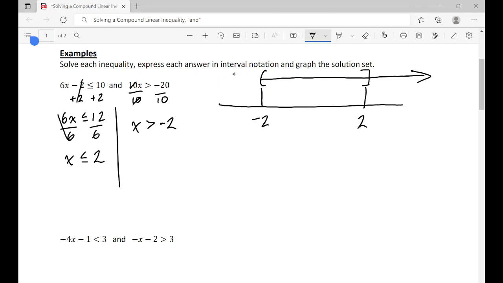And the lines overlap between the parentheses and the bracket, like so. Which means in interval notation, we're going from negative 2 to positive 2, negative 2 getting a parentheses, and positive 2 getting a bracket. And that's how you would solve this inequality.